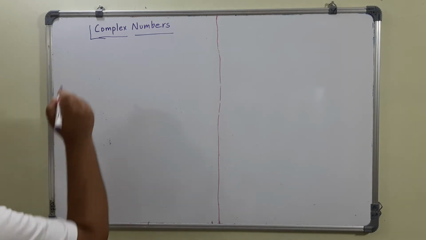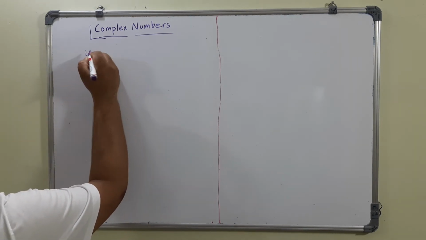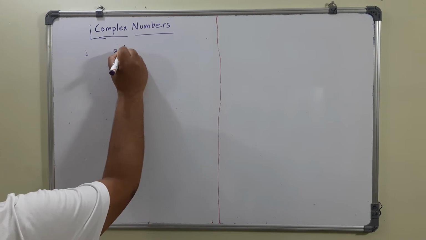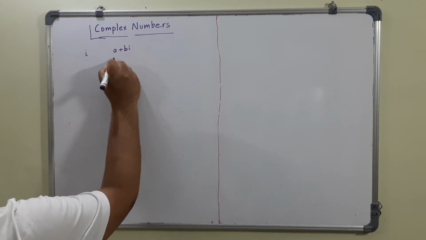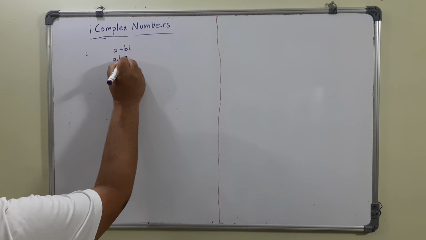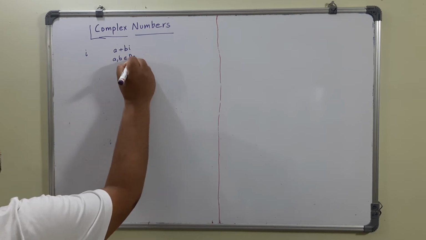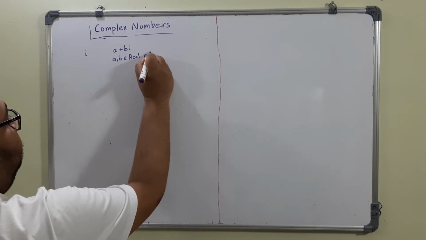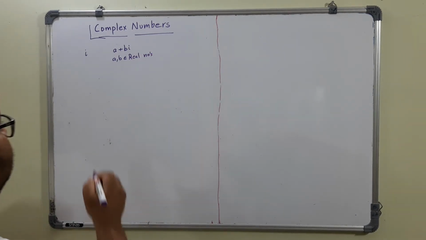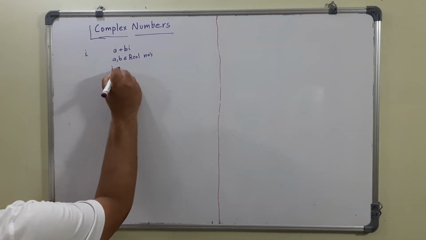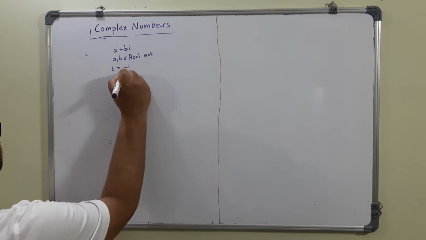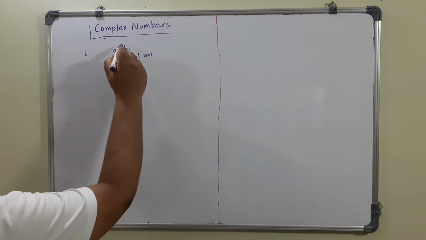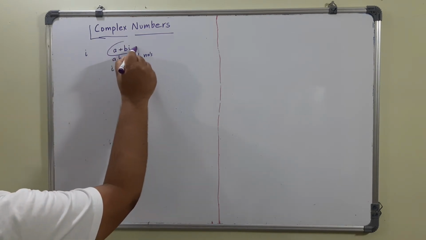So we had learned about i. Now any number in the form of a plus bi, where a and b are real numbers, and i equals the square root of -1, is a complex number.